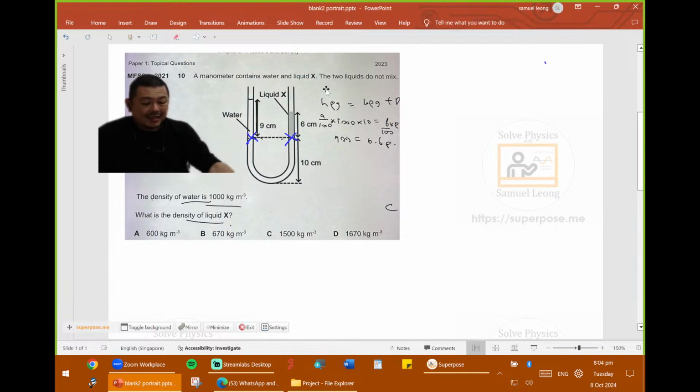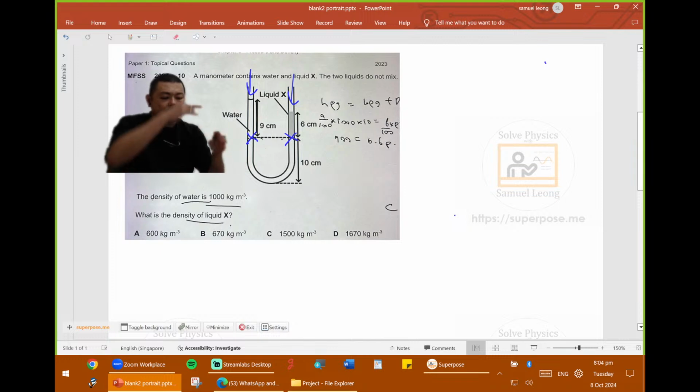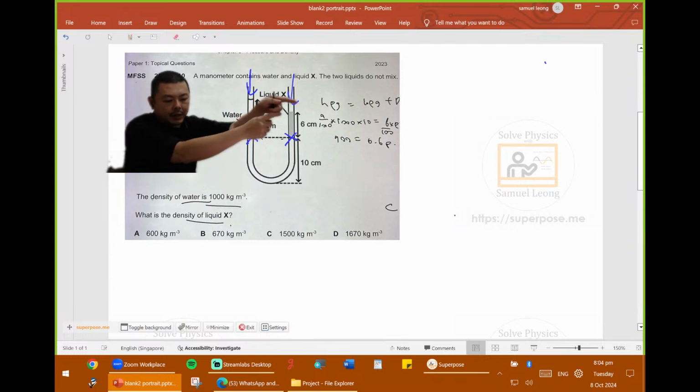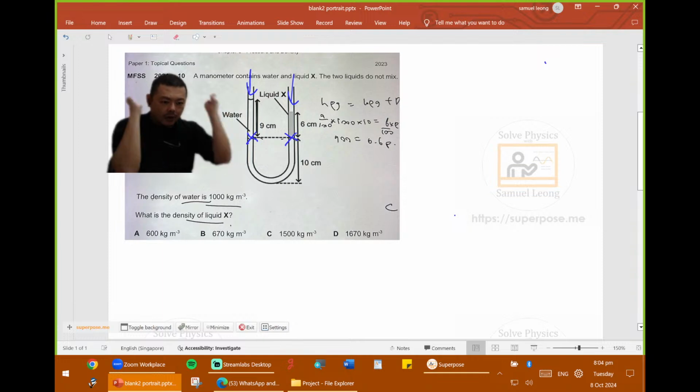But here they cancel out. If you really want to show the entire working, it will basically be the atmospheric pressure here plus the water pressure here equals the atmospheric pressure there plus the water pressure here. When you write it out, you can take away the atmospheric pressure from both sides.